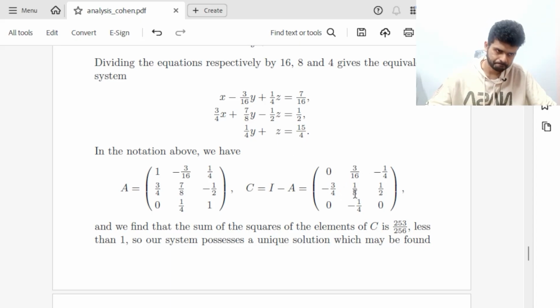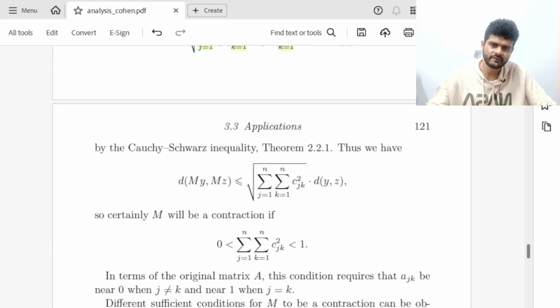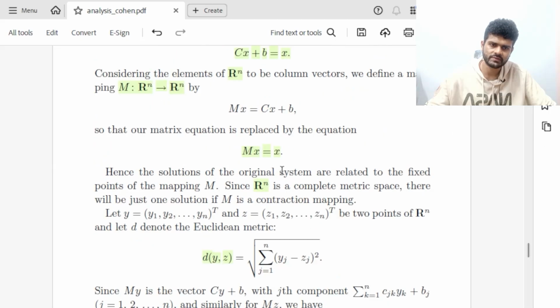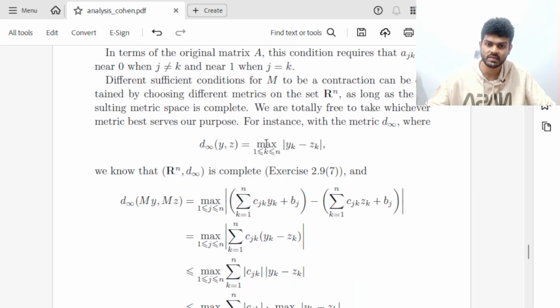Well, there can be other conditions which you can derive, not just the sum of squares, if you're taking some other metric. Here I have picked the Euclidean metric, so we have considered the space Rn with the Euclidean metric, but you can also have other spaces. You can consider the d infinity metric, the maximum metric. If you consider this, you can still create this new space, which is again complete.